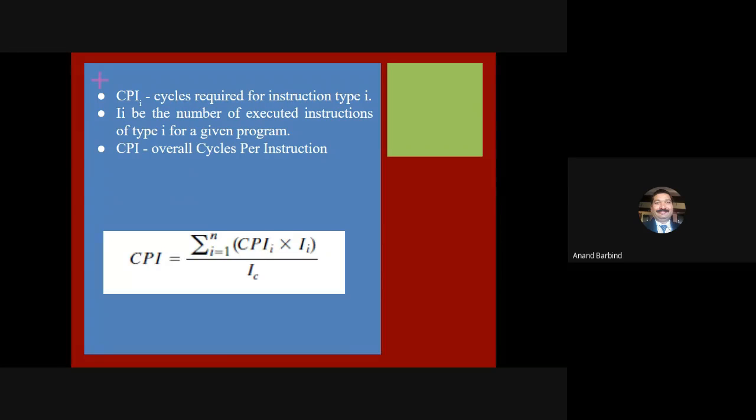The instruction set of a particular processor may be such that some instructions require less time, whereas some require more time. The number of clocks required to execute one instruction may be different for different types of instruction.